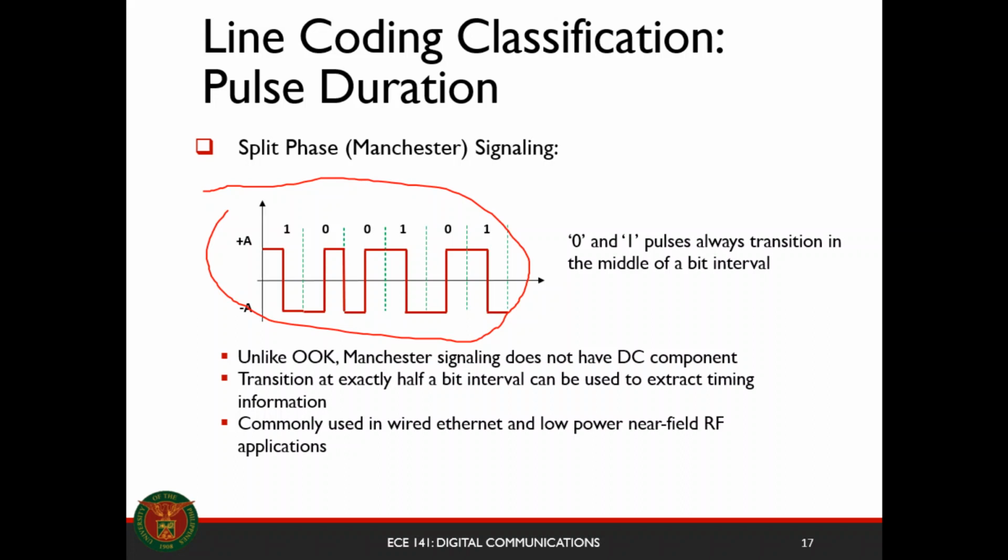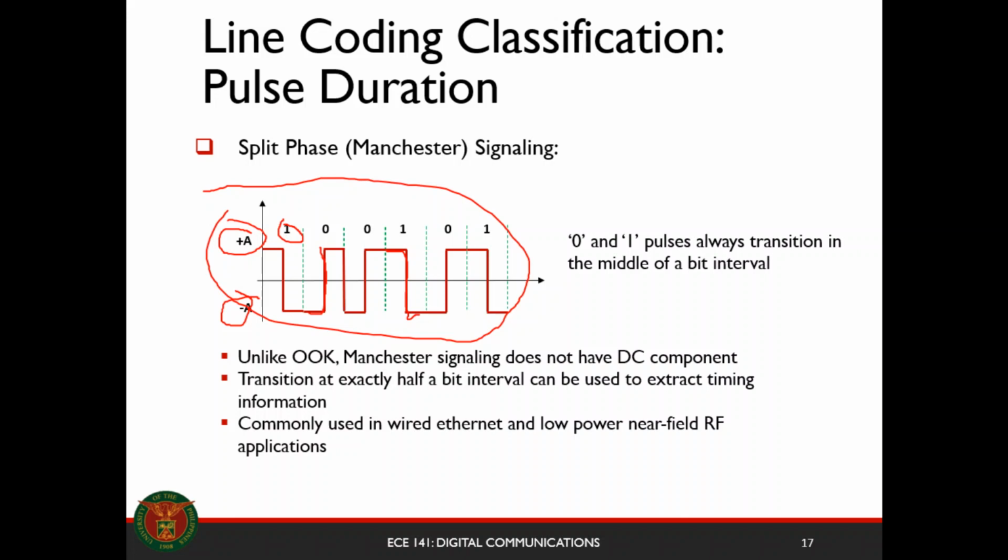As you can see from the signal here, if it's a 1, then it will always start from positive A to negative A. So from here to here, your 1 always starts from positive A to negative A. Your 0 starts from negative A to positive A. So the 0 and 1 always defines the transition at the middle of a bit interval.